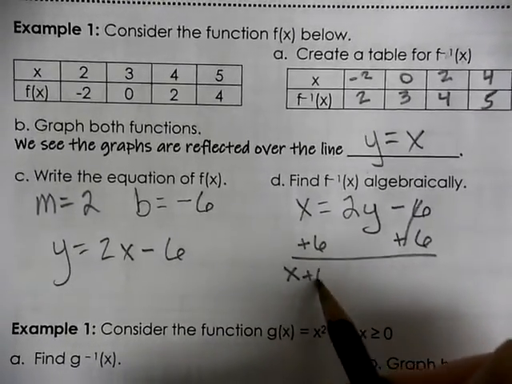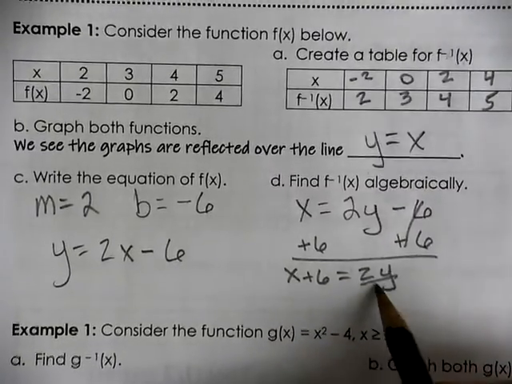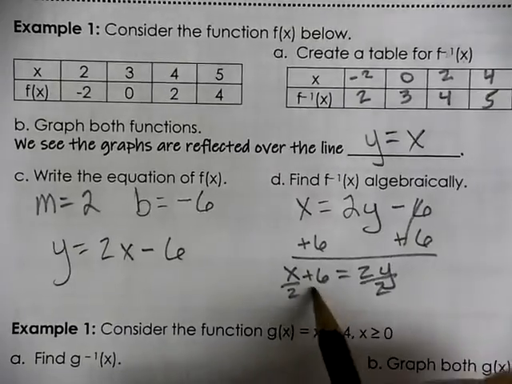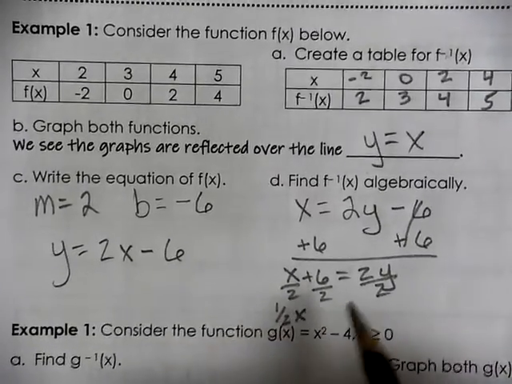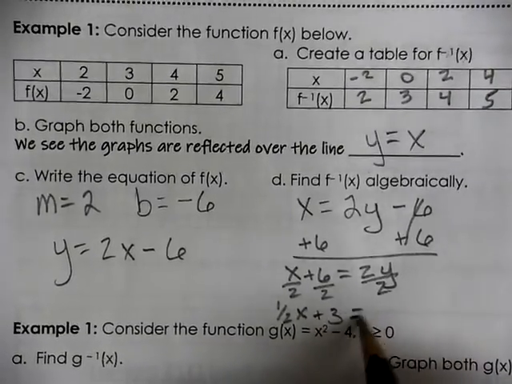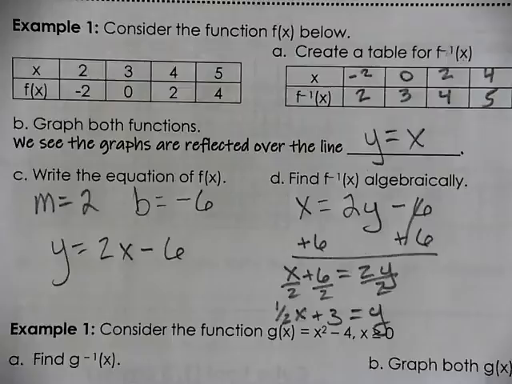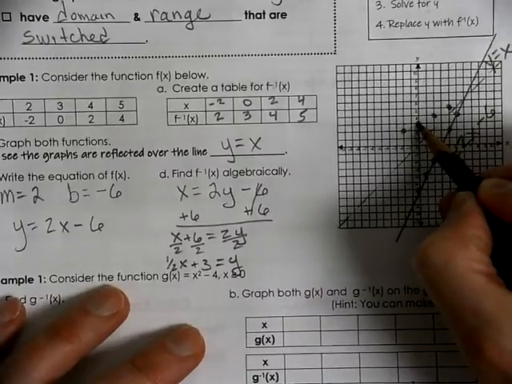So x plus 6 equals 2y. Then we're going to divide each one of these by 2, which gives us 1/2 x, or x over 2, plus 3 equals y. That's our equation for our second graph. We're up here at 3.